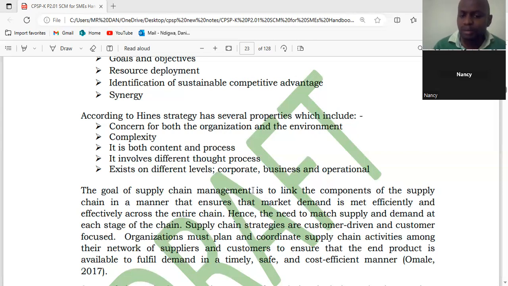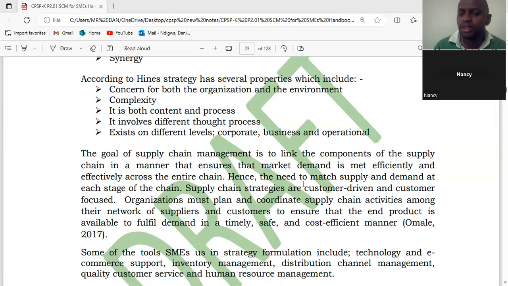So the goal of supply chain management is to link the components of supply chain in a manner that ensures that the market demand is met effectively and efficiently. Remember, we are saying what normally controls the market is the forces of demand and supply. So supply chain should be able to create a balance both on the demand side and the supply side.